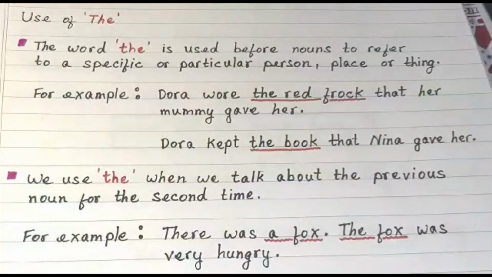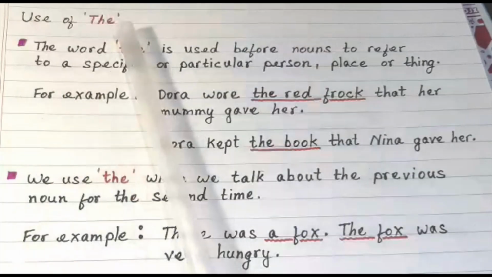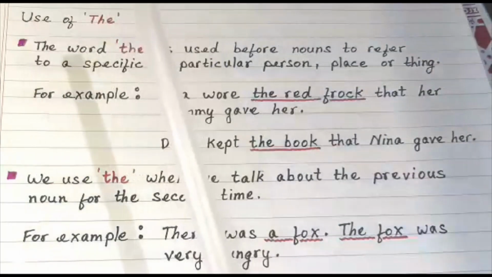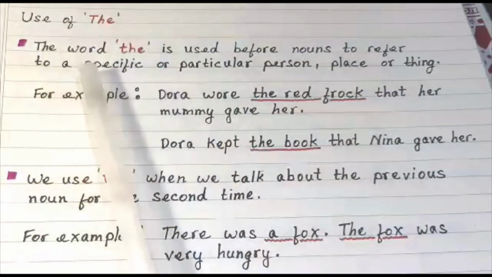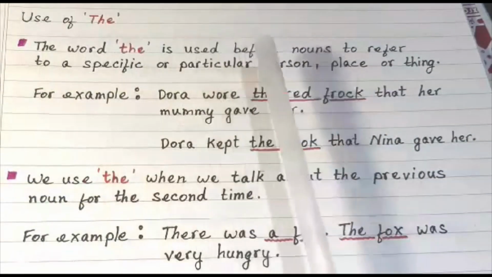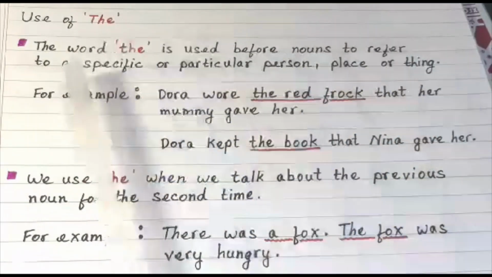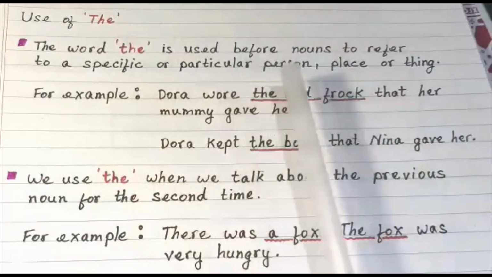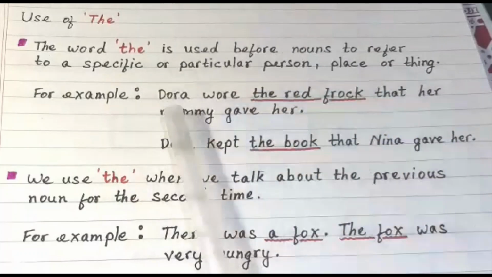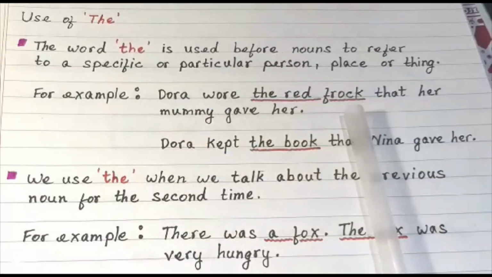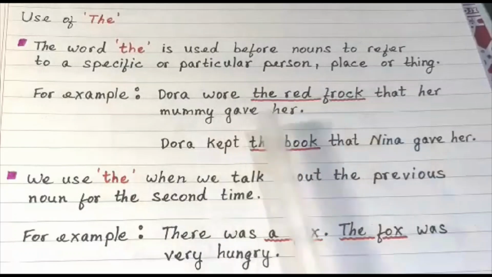Alright, now let's move on to the final article, the. Here are a few points you need to remember. Number 1, the word the is used before nouns to refer to a specific or particular person, place or thing. For example, Dora wore the red frock that her mummy gave her.